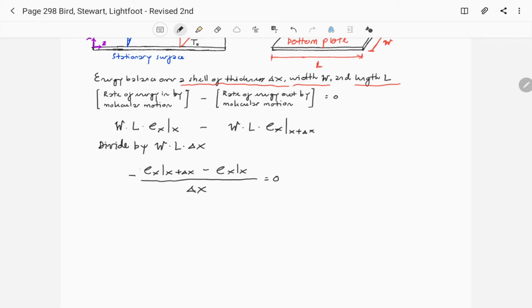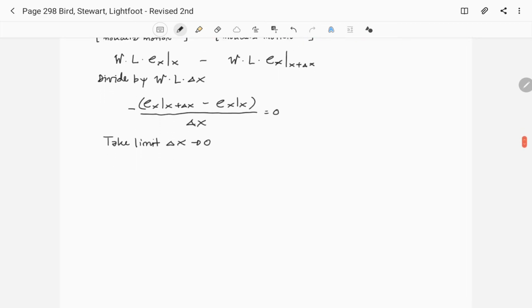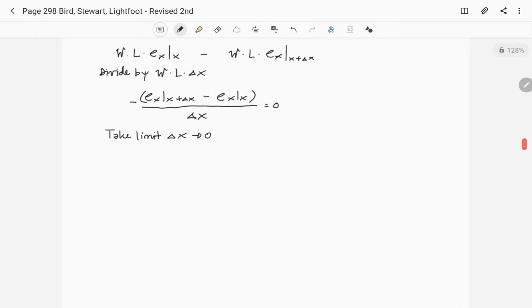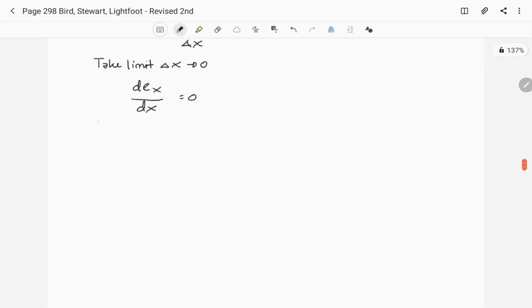Just to be clear, this minus is actually outside of the brackets. Then we can take the limit as delta x approaches 0 to convert this finite difference equation into a calculus quantity, so this should be equal to 0. Then we can integrate this.